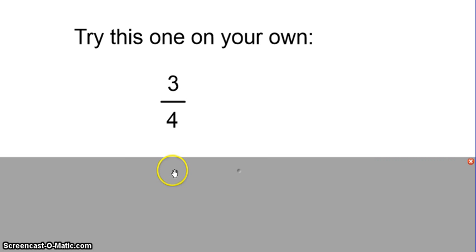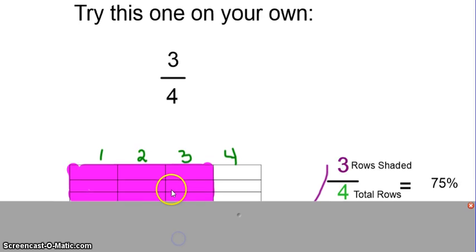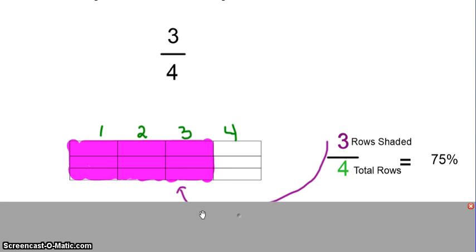Alright, now that you've paused the video and worked on this one on your own, let's take a look at it. So if we have a 4 by 3, and we have 4 total rows and 3 of the rows are shaded in, that'll be our numerator.